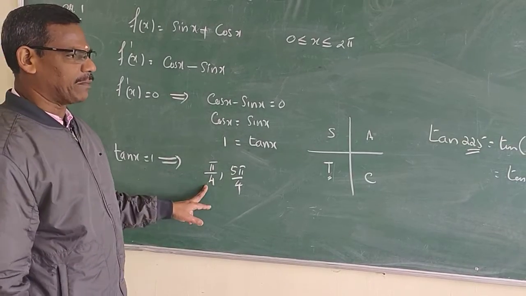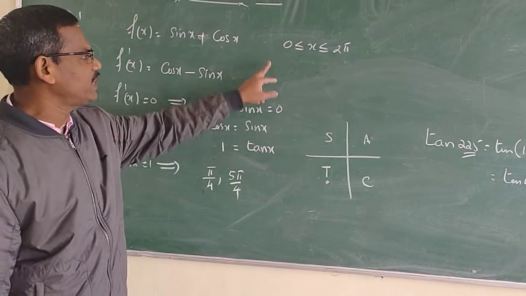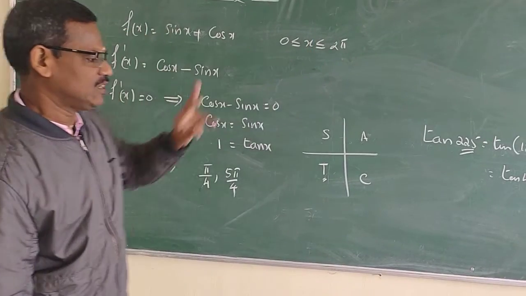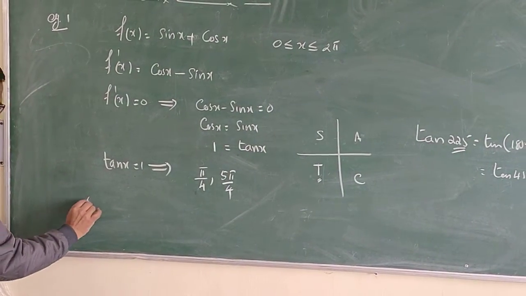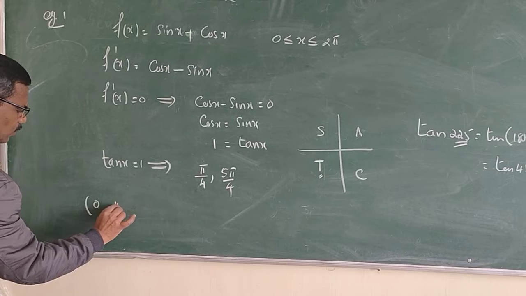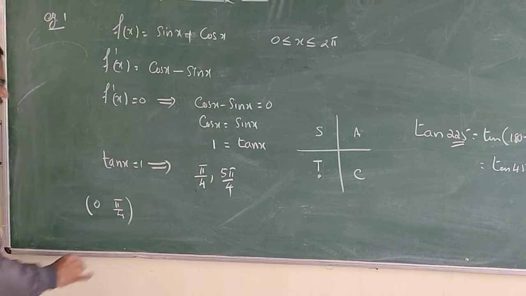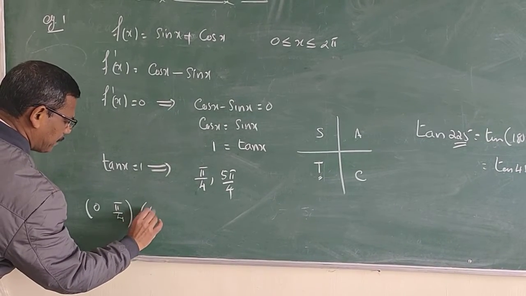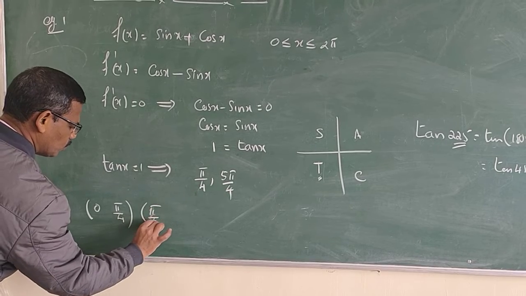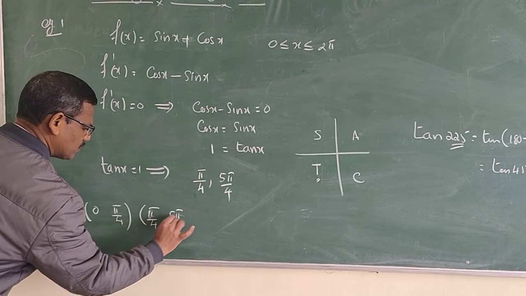Now using this pi by 4 and 5 pi by 4, we divide the domain. So what are the divisions? It starts with 0 to pi by 4, one interval. Then pi by 4 to 5 pi by 4 is another interval.